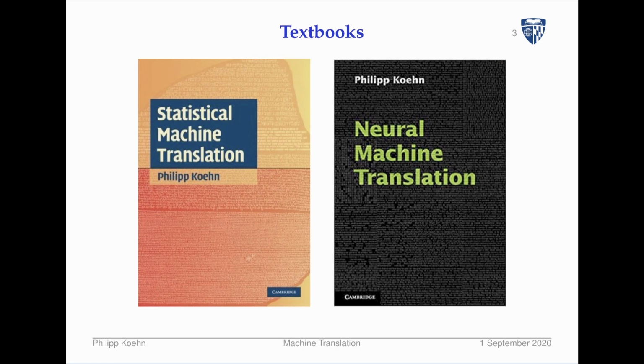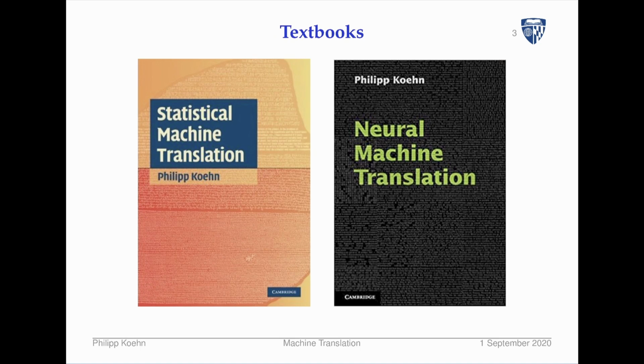We're going to be able to explicitly look at translation tables, and we can reconstruct how all the numbers get multiplied up and added up to produce scores for possible translations. And the second textbook, which came out this summer in 2020, is called Neural Machine Translation, which we rely on in the later part of the course, explaining the current state-of-the-art methods.